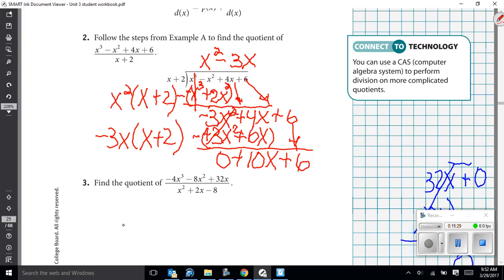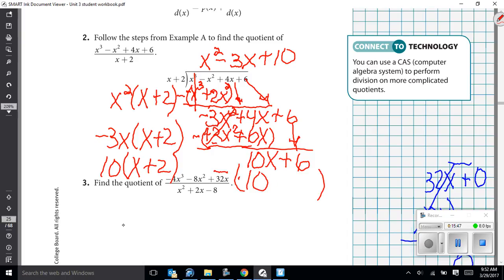So x times what gives us 10x? 10 times x plus 2. So 10x. Do your sign change. So 10x minus 10x. 6. Alright, so finally a remainder.